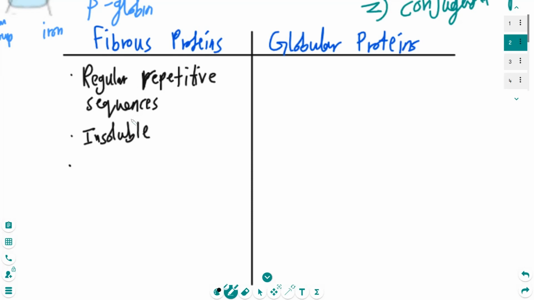And because of these features, they can form fibers, hence the name fibrous proteins.